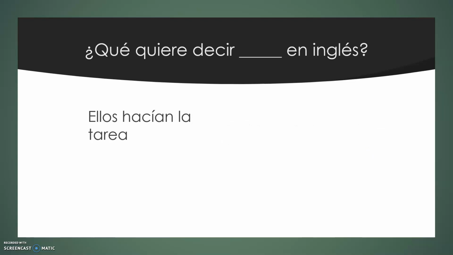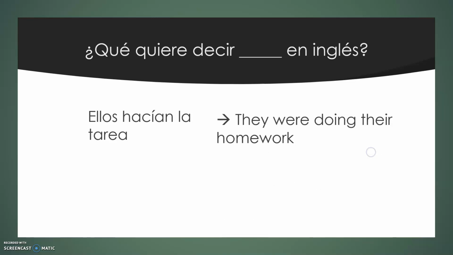Ellos hacían la tarea. ¿Qué quiere decir en inglés? That means they were doing their homework when suddenly something else happened. Okay, they were doing their homework.